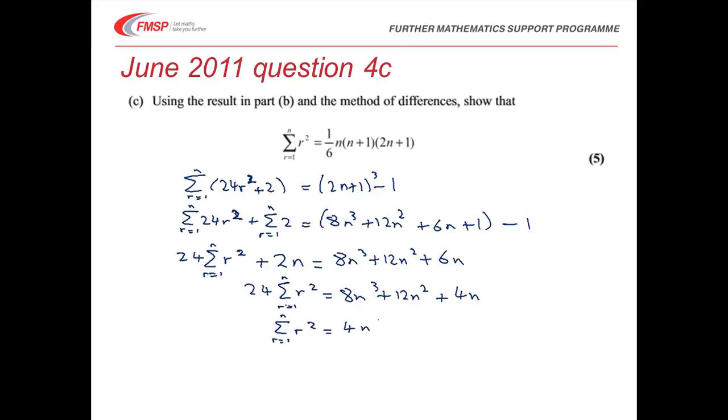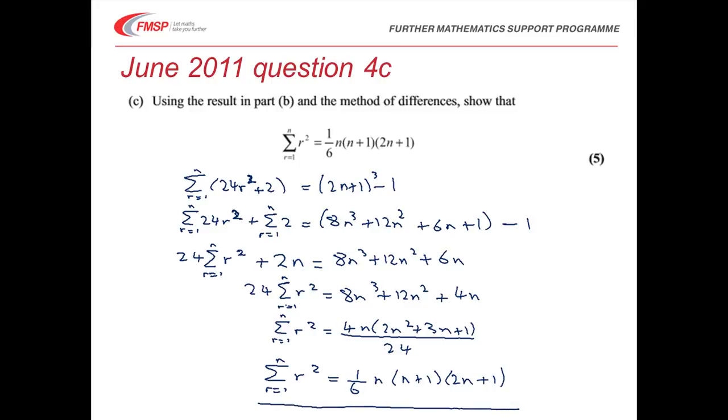So we'll have 4n times (2n squared plus 3n plus 1) all over 24, and therefore the sum of r squared from 1 to n is the 4 will cancel out with the 24 to leave us 6, and the quadratic will factorise to give (n plus 1)(2n plus 1), and that is the summation for r squared.